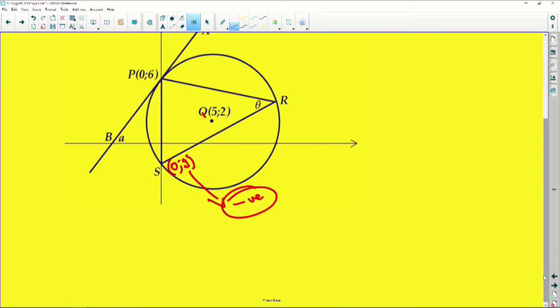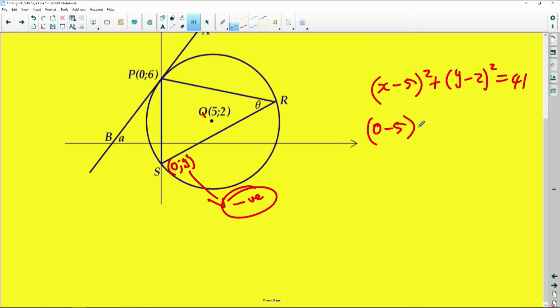So my equation, as we did on the other page, we said it was x minus 5 all squared plus y minus 2 all squared is equal to 41. Now I know that the x value at that coordinate is 0. So I will say 0 minus 5 all squared plus y minus 2 all squared is equal to 41.